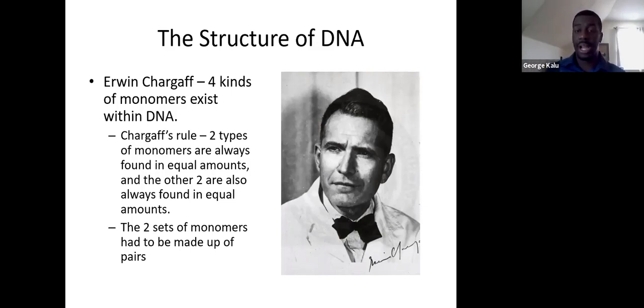Okay. So that was Chargaff's rule. So 2 monomers were always found in equal amounts, while the other 2 were also found in equal amounts to one another. And what that told them was that those 2 sets of monomers had to show up in pairs. Okay, they must be coming in pairs with one another. Okay. And so we're going to take a look at what exactly he meant by that in a second.